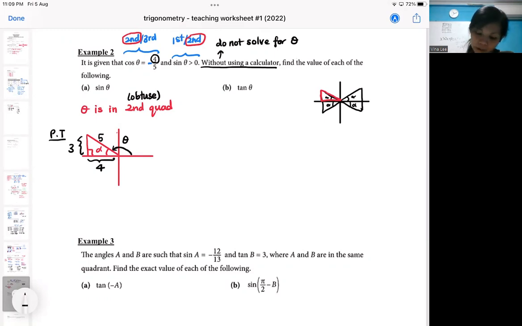After I draw this out, I can answer my sine theta. This is obtuse. Sine theta should be positive. That means the O over H should be positive. So the O over H will be 3/5.